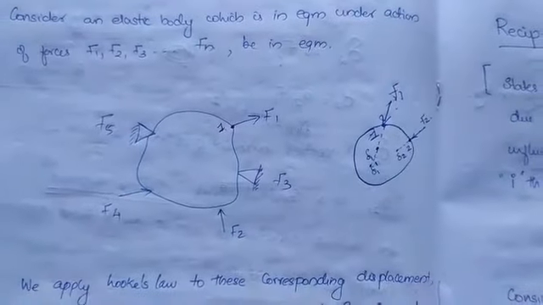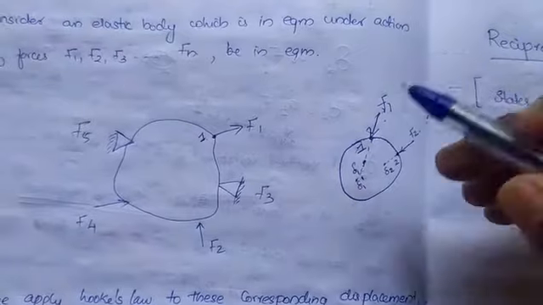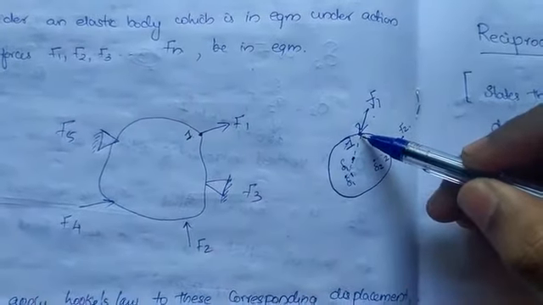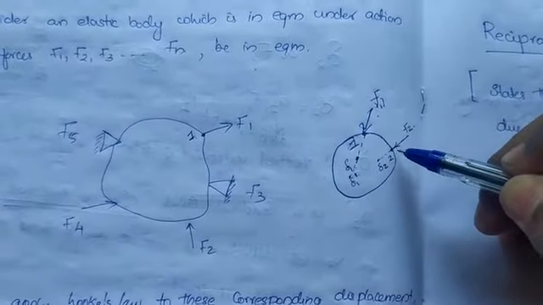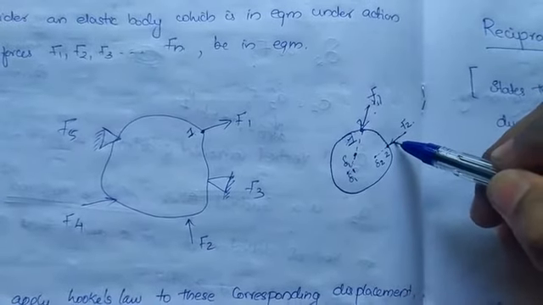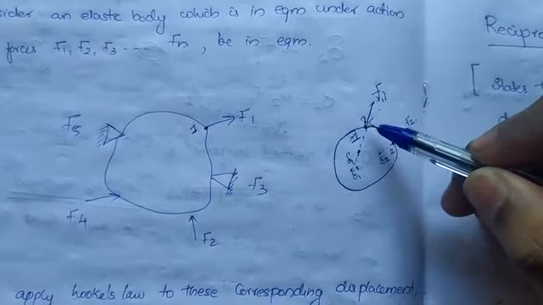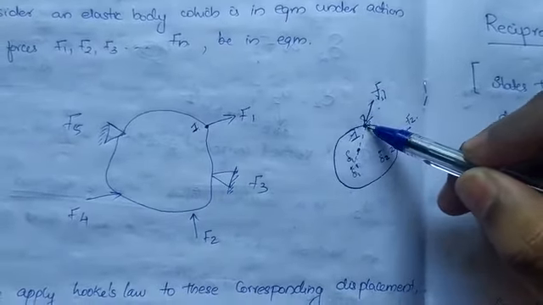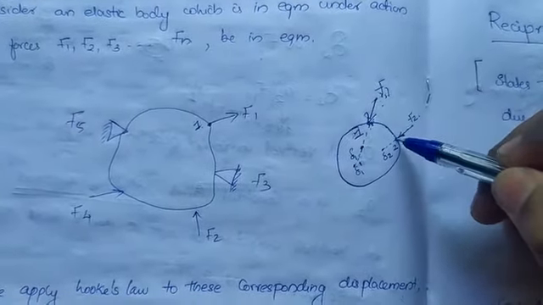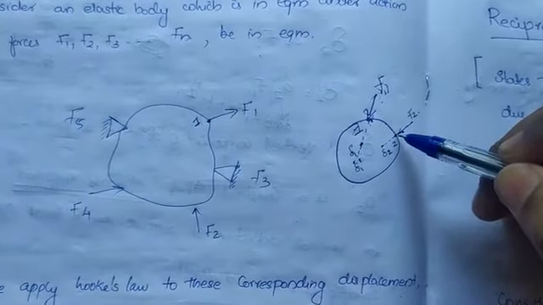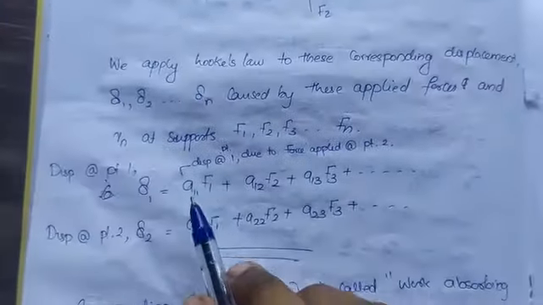So at point 1 there is a displacement caused due to the force F1 as well as force F2.